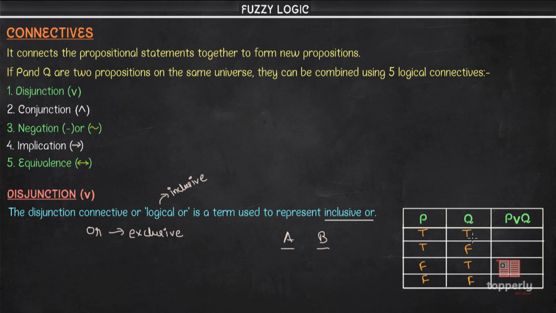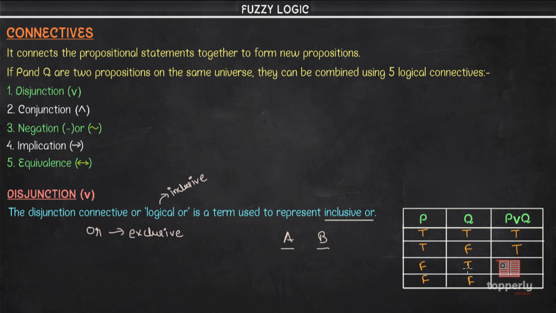According to the disjunction connective, if either P or Q is true, or if both are true, then the final statement will be true. Since both P and Q are true, P disjunction Q is true. In this case, P is true although Q is false, and since only one has to be true, we take this as true.